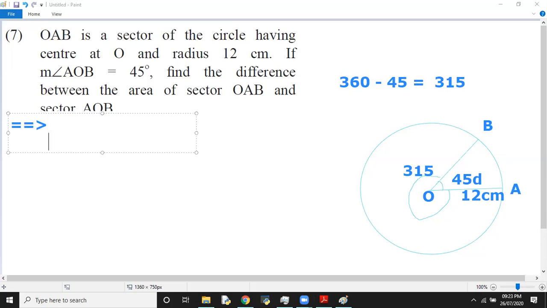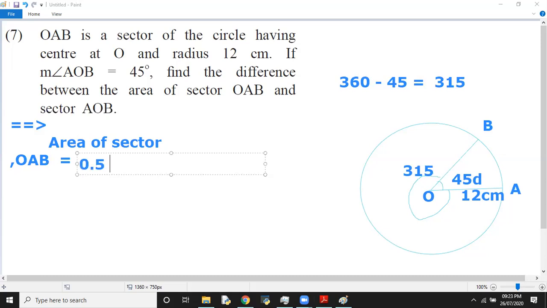Solution. Area of sector OAB equal to half into R square.